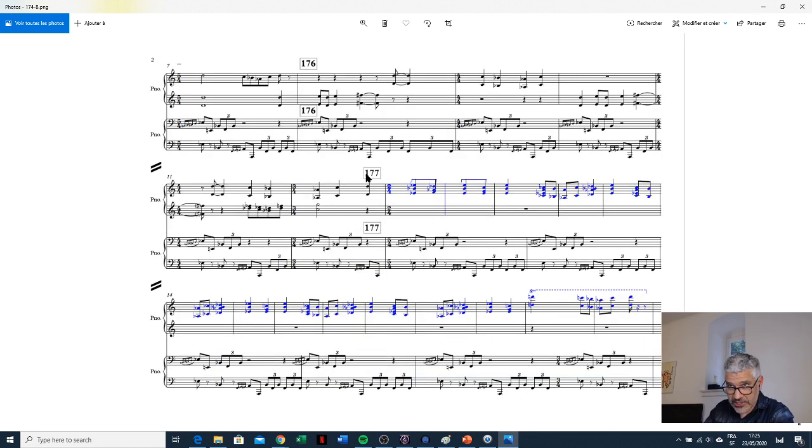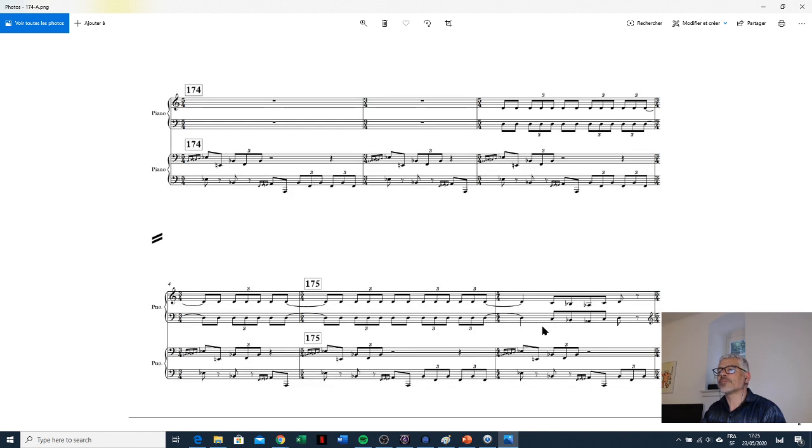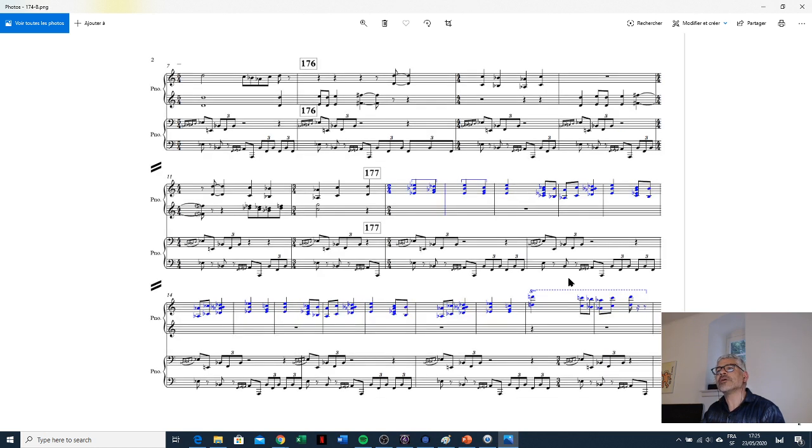So here is the second measure, and you will notice, from the seven, from this measure, second of 176, I wrote 4. So bear with me. Now I have a clean score that is exactly what the percussion is doing.